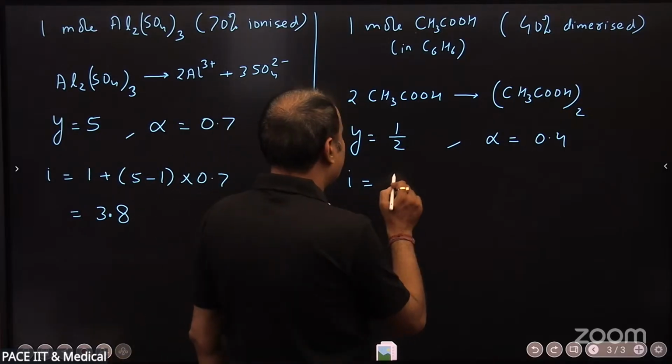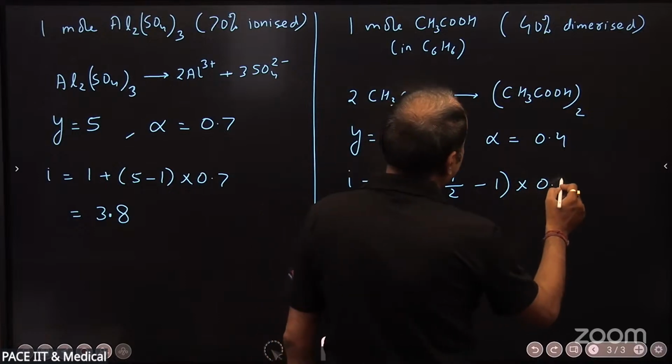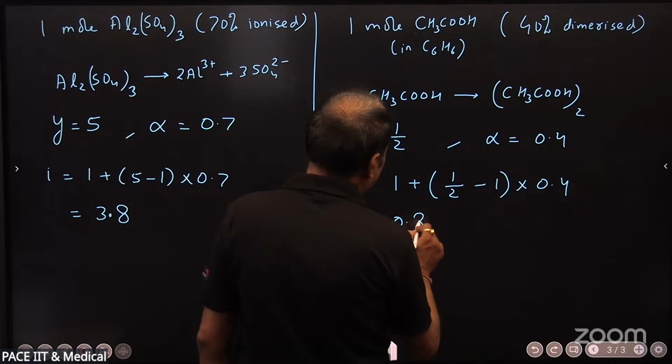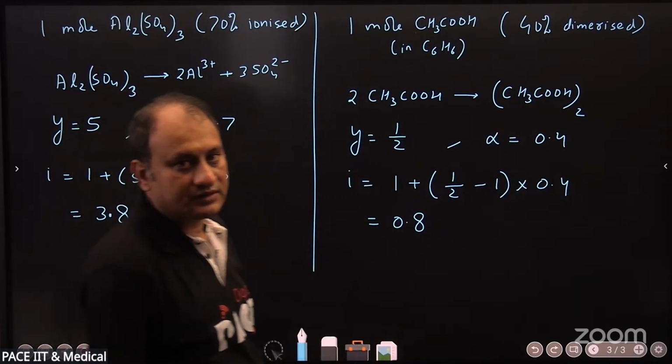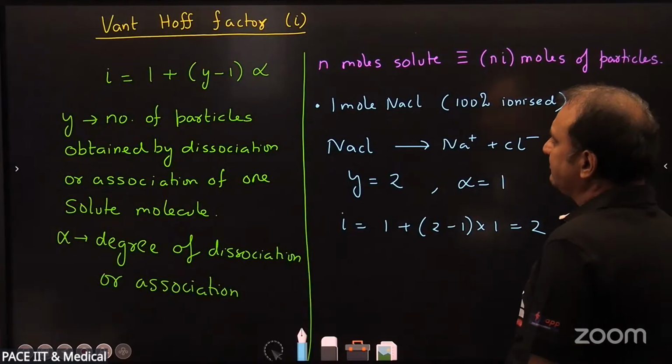So here Van 't Hoff factor i will be 1 plus (half minus 1) into 0.4. So that will become 0.8. Correct? So you can see in cases of association, both y and i will be less than 1, whereas in cases of dissociation, both i and y will be greater than 1. So this is Van 't Hoff factor.